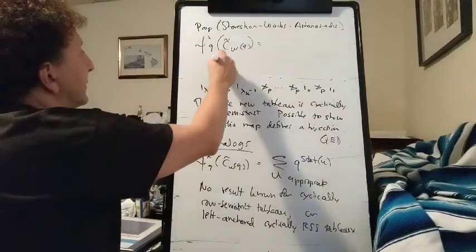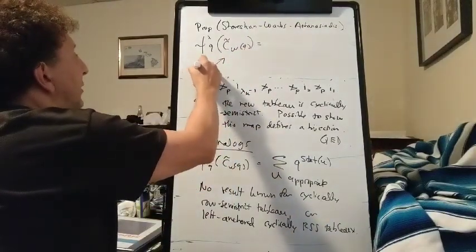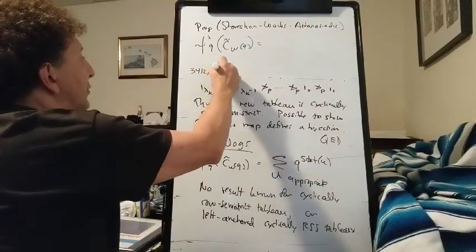So here W is 3, 4, 1, 2 and 4, 2, 3, 1 avoiding.